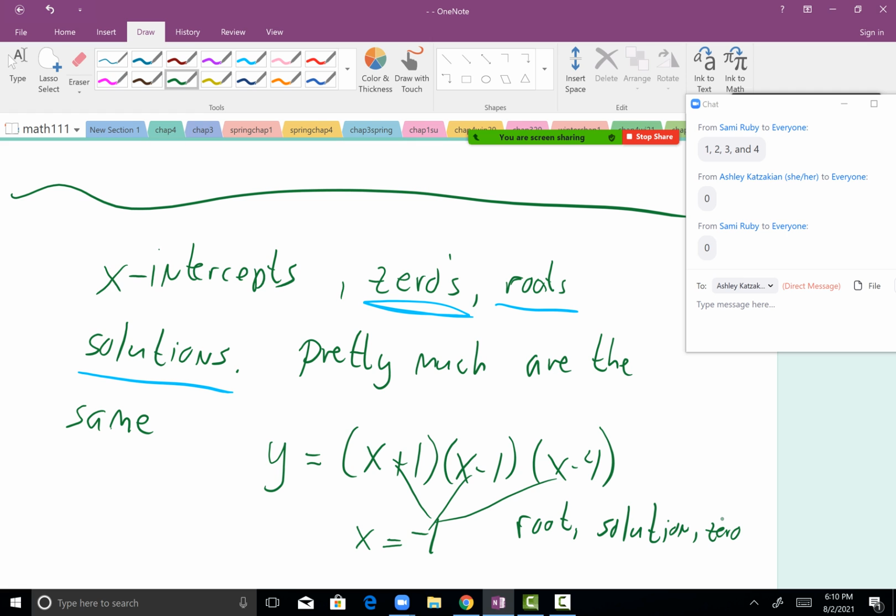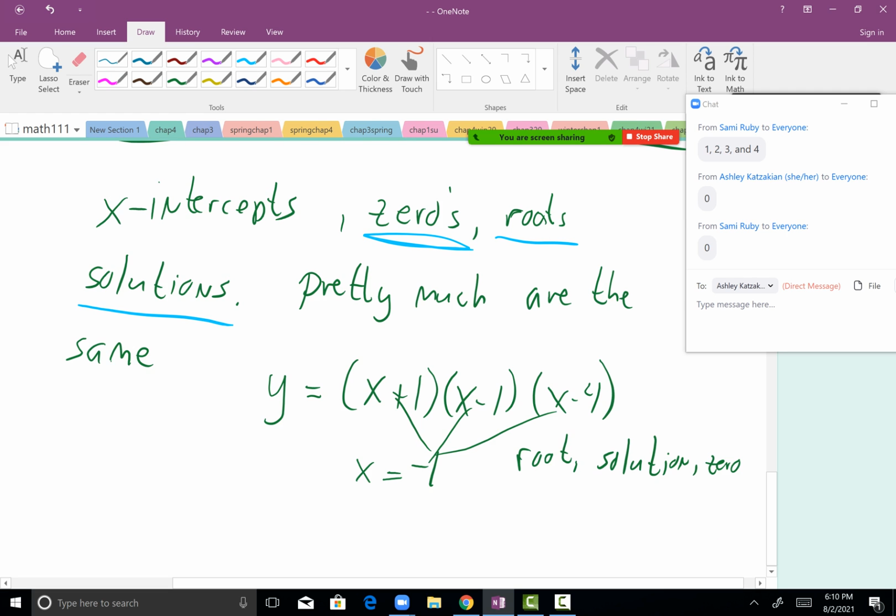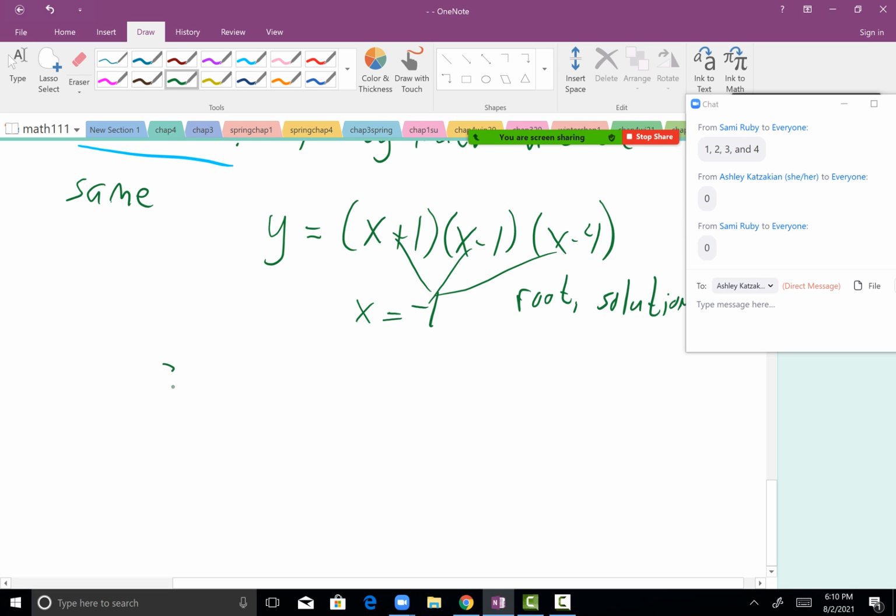So if that's the case, then a third degree could have one, 2, or 3 solutions, right?